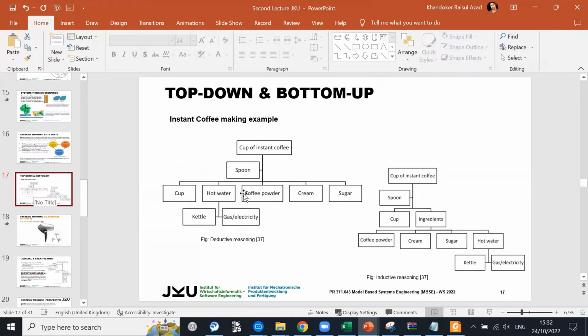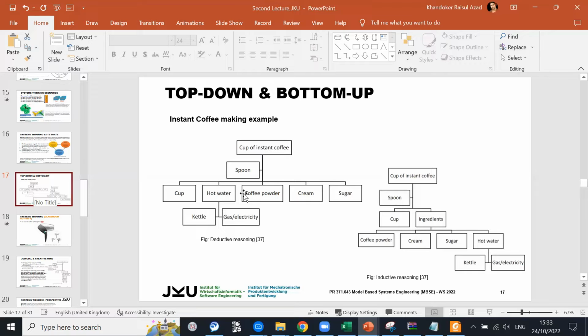Cup, hot water, coffee, cream, sugar. Do you have any clue why the spoon is not included here? Because you use the spoon from the outside of the system. Very good.